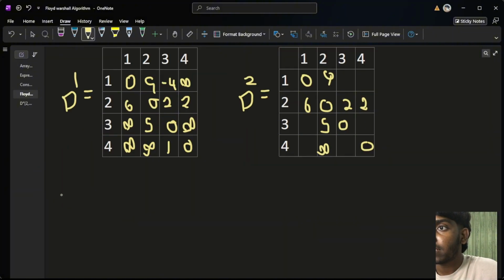So the formula is based on D1, because we implement D2 from D1, therefore our base matrix is D1.